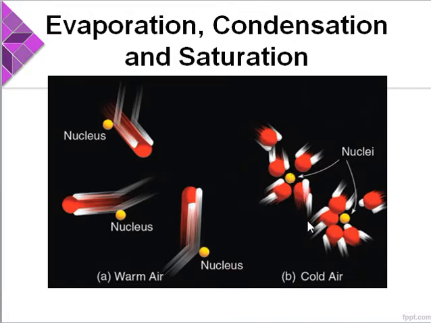We can see then that condensation is more likely to happen as the air cools and the speed of the water vapor molecules decreases. That means it will slow down. As the air temperature increases, condensation is less likely because the water vapor molecules have sufficient speed or sufficient energy to remain as a vapor.